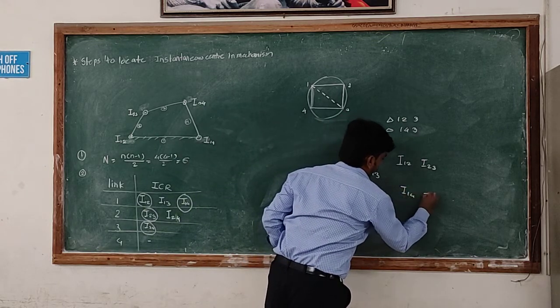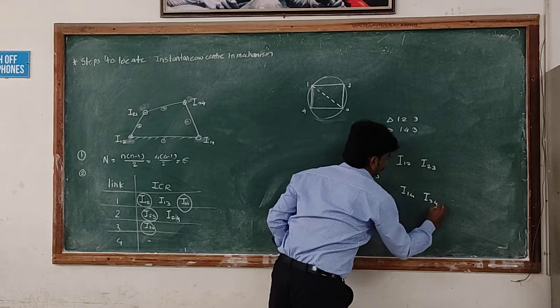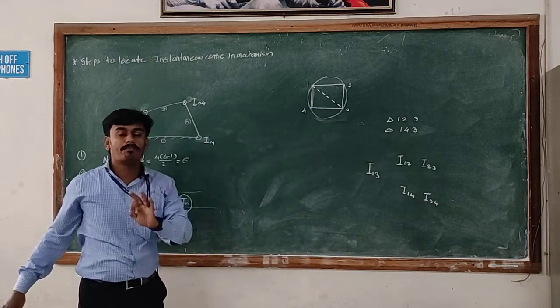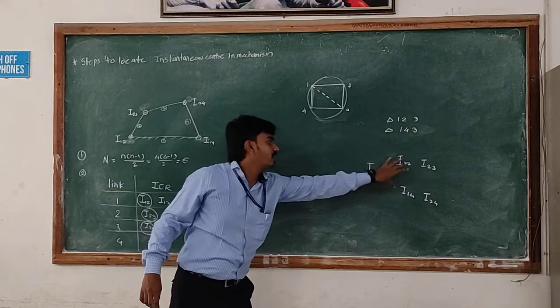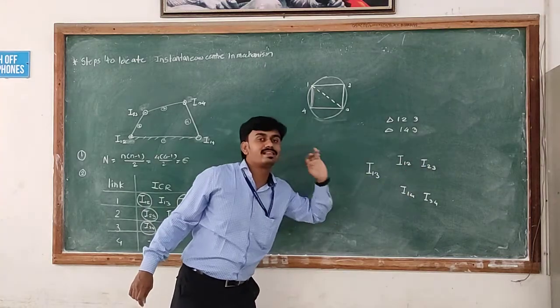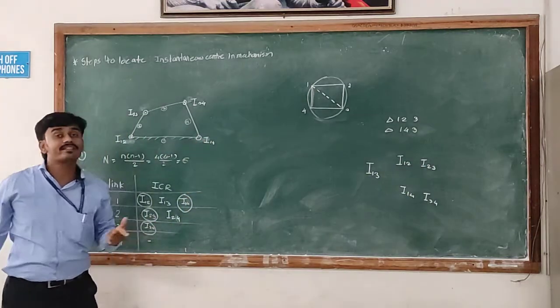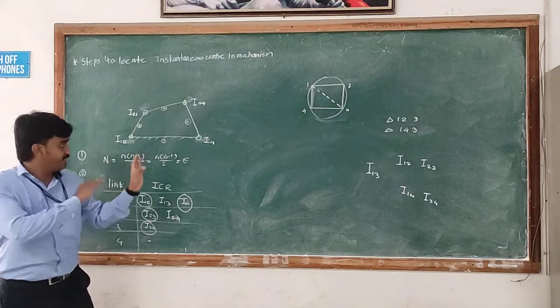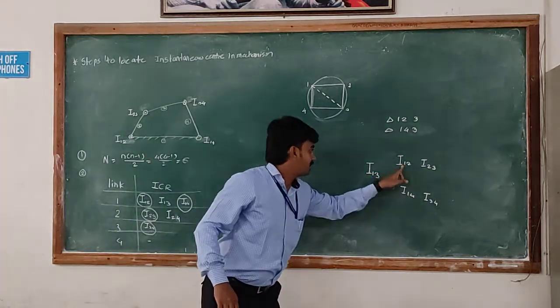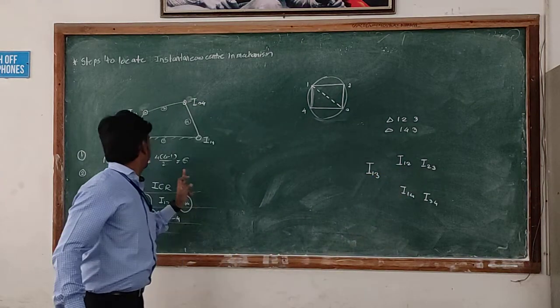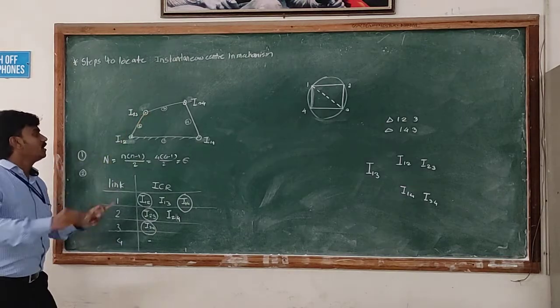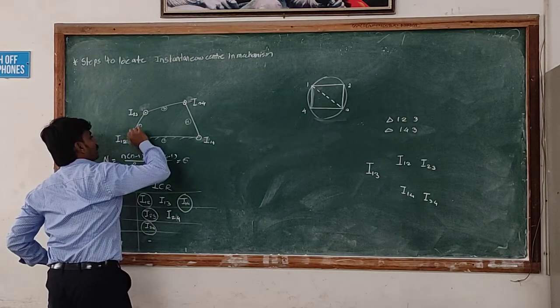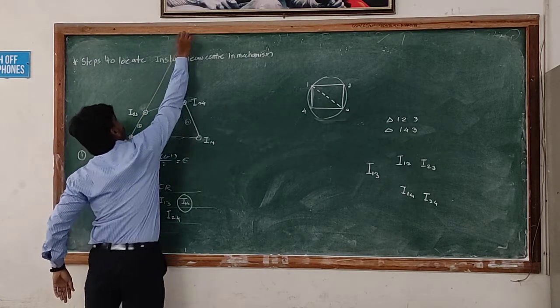To obtain the ICR 1 3, we require these 4 ICRs, and we have to extend them. See here, ICR 1 2 and 2 3. Extend these 2 ICRs like this.